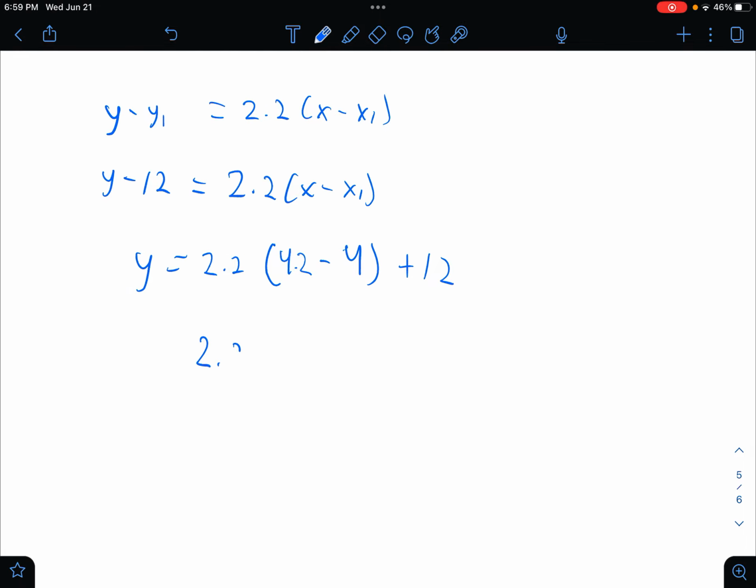So this makes the equation 2.2 times 0.2 plus 12. Right. And if you're wondering how I got 0.2, it's just 4.2 minus 4, giving us 0.2. So if we multiply this, 2.2 times 0.2, and we add that to 12, we get a final answer of 12.44.